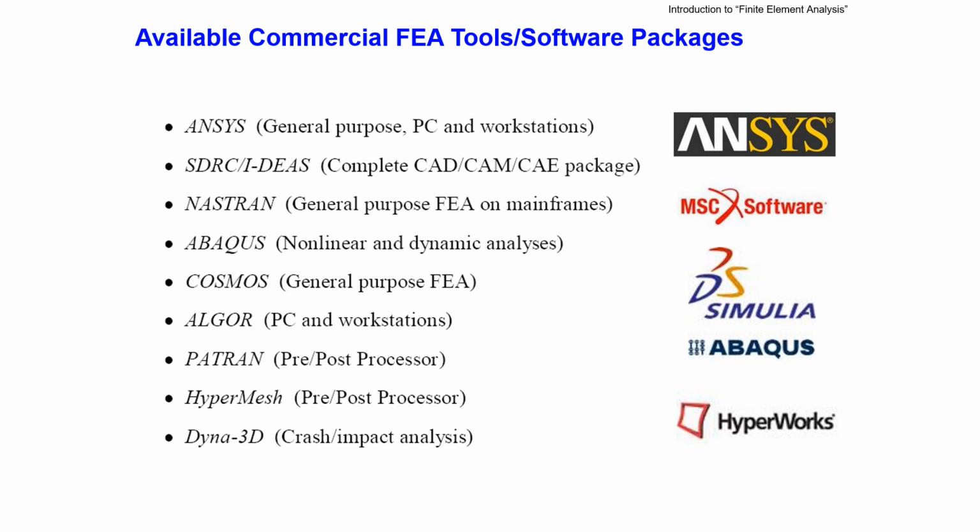Then SDRC, Nastran, Abaqus. Abaqus is also used abundantly. Cosmos, Algor, Patran, Hypermesh, Dyna 3D. All these are some of the software packages used nowadays commercially. This can be used for commercial purposes as well as for educational purposes. In most of the educational institutions, we can see ANSYS and Abaqus.